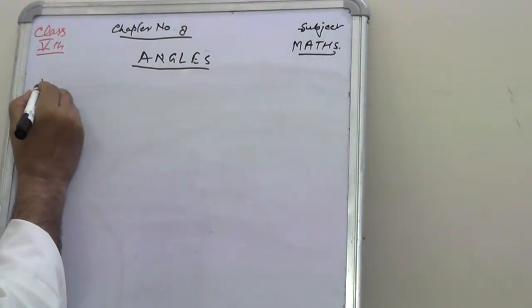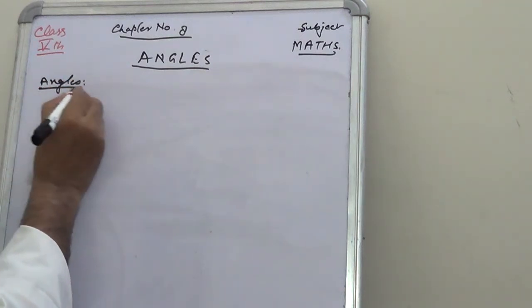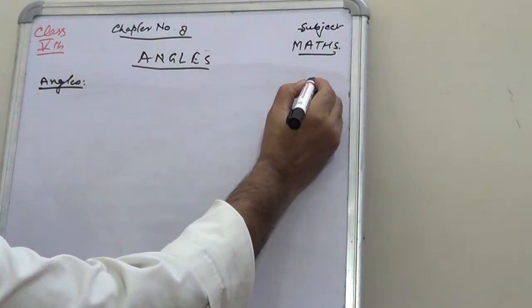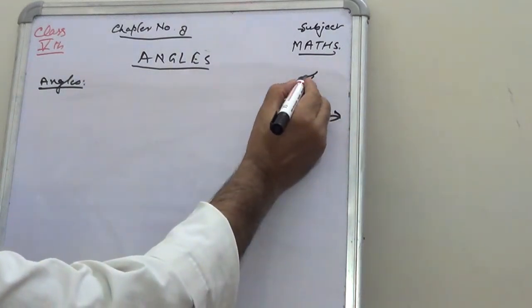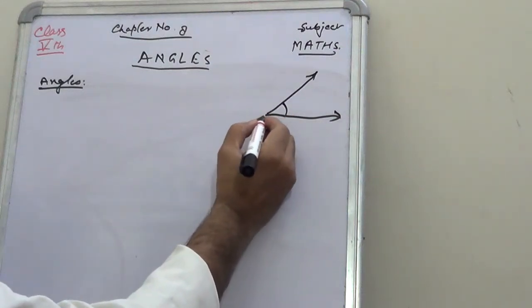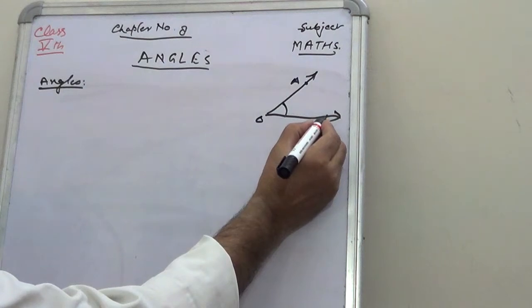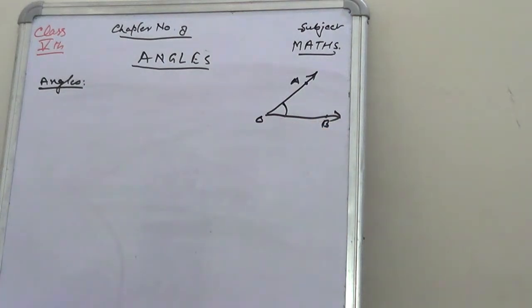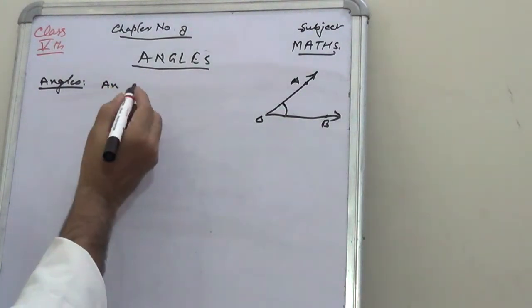Now children, we come to the angles. What are angles? A shape like this is called an angle. A shape of this kind is known as an angle. And how do we define an angle?